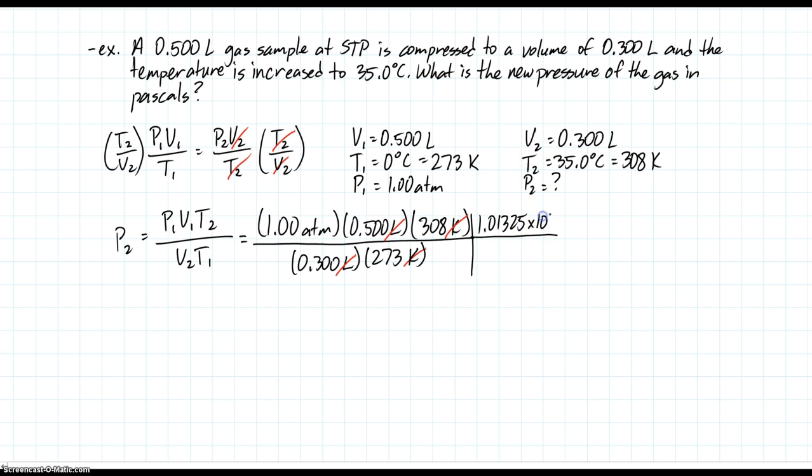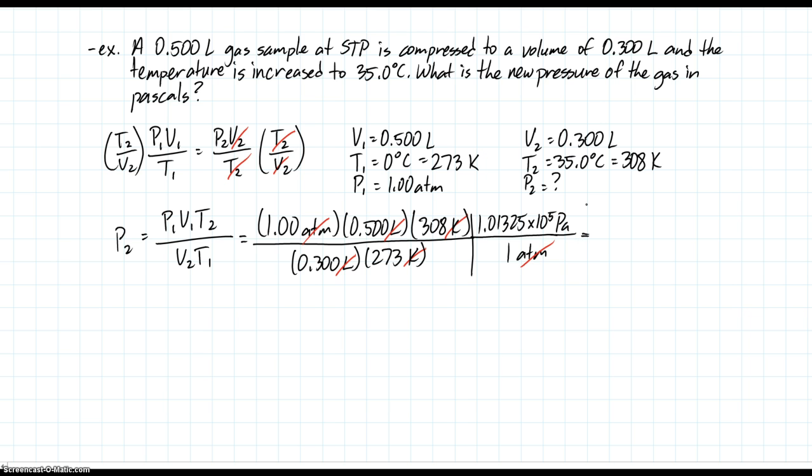Sorry, times 10 to the 5 pascals, I should say. And so then atmospheres would cancel with atmospheres. We'd be left with pascals, which is the unit that we've been asked for.